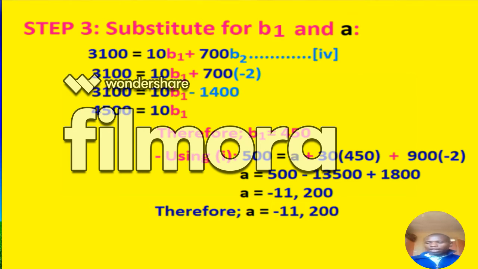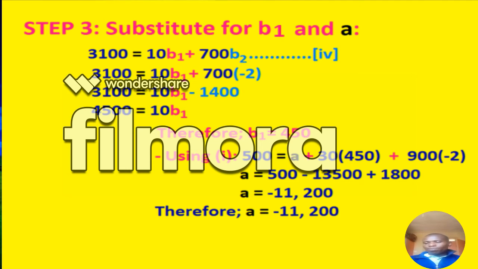Replace b2 with negative 2, so that we end up with 3,100 equals 10b1 minus 1,400, and you end up with b1 equals 4,500 over 10, which is 450.